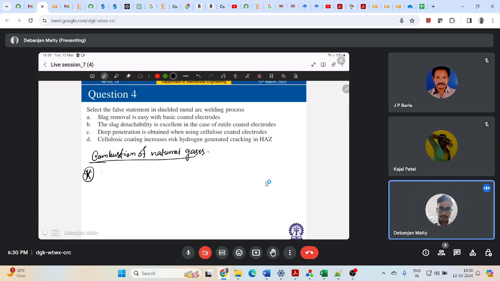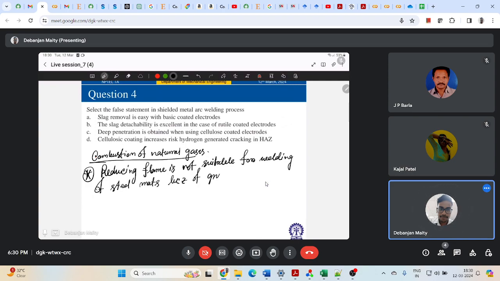I will keep it as a note: reducing flame is not suitable for welding of steel materials because of generation of lower temperature.